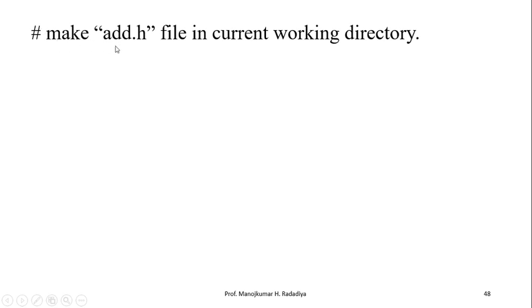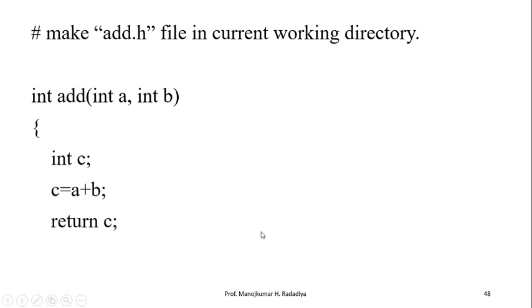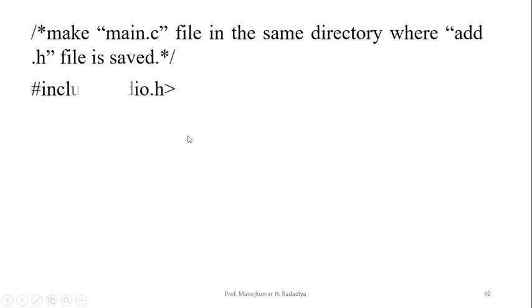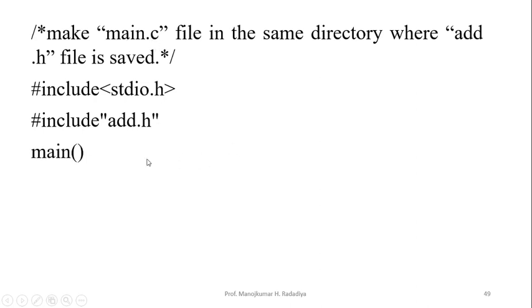Here you can make an add.h file in the current working directory and write the code for a function that adds two numbers and returns the value. In the same directory you can write your main code stored in a file with .c. With this syntax, you can use your own header file: #include "add.h".